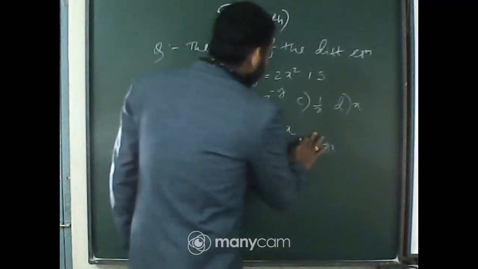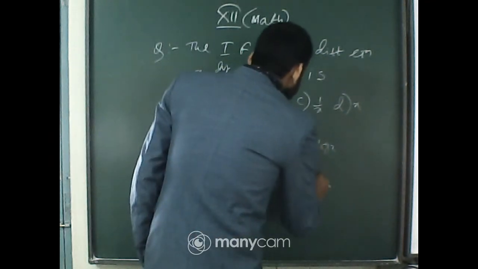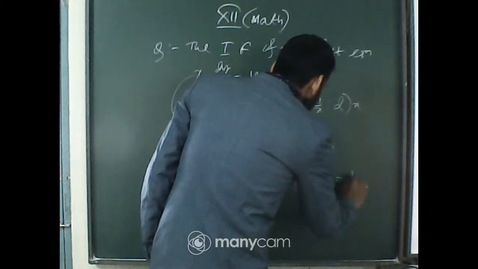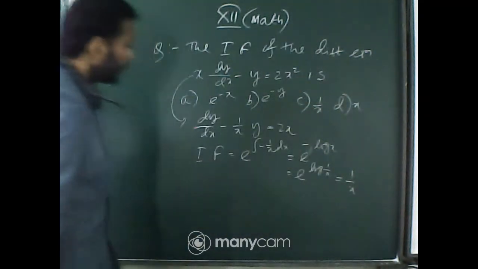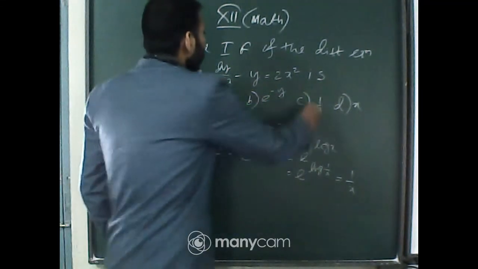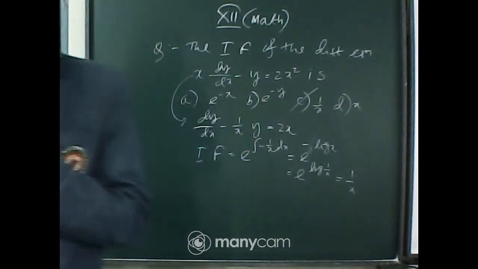After doing the integration it is e to the power minus log x, so e to the power log 1 by x, that means 1 by x. Is it all right? That is option C. Respond to me first.